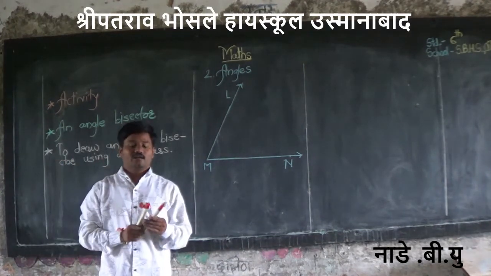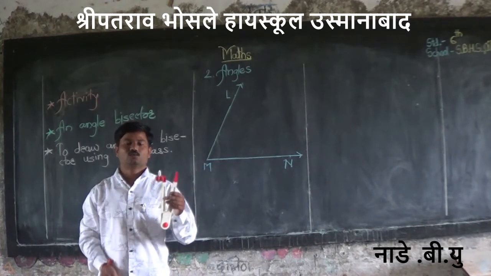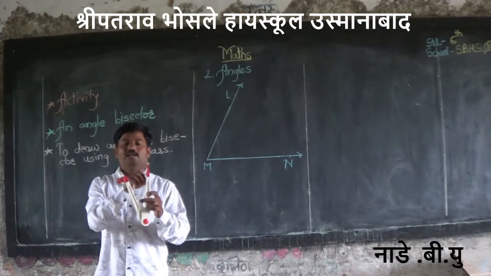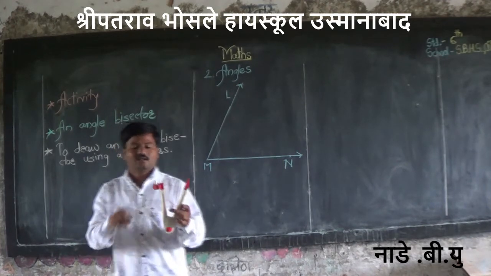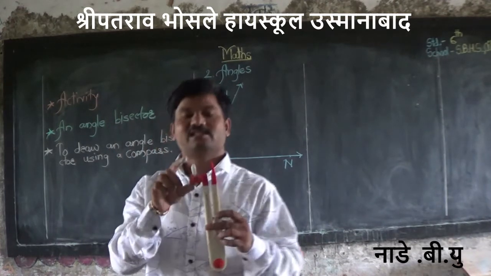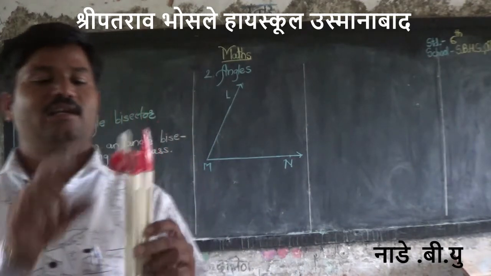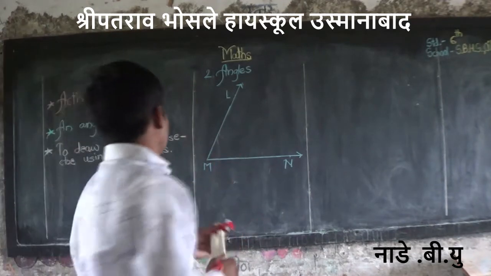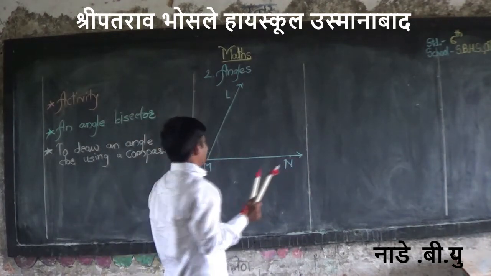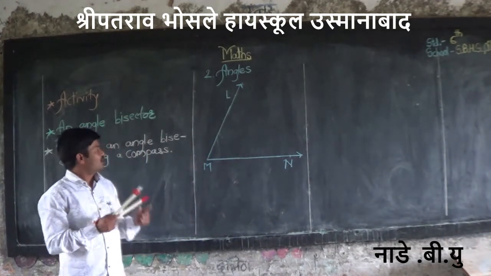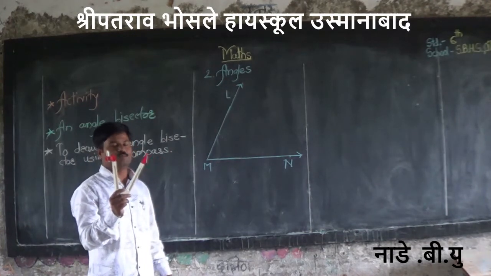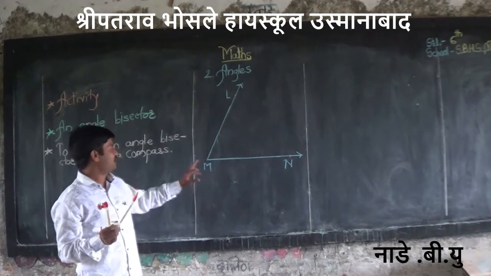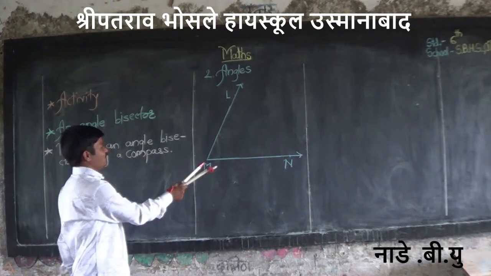Take care when holding the pencil in the compass: the metal end of the compass and the tip of the pencil should be at the same level. Take any distance in the compass and place the metal end on the vertex of the angle.